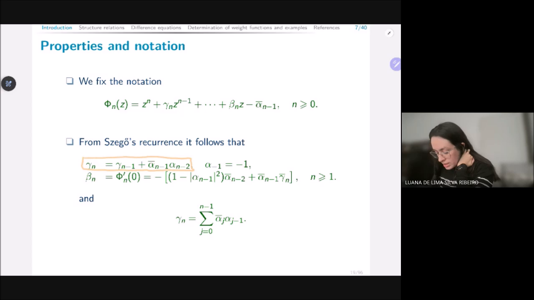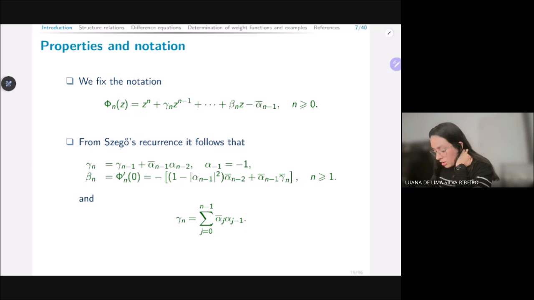This follows by the Szegő recurrences, and when we use this, gamma n in terms of gamma n minus 1 and the Verblunsky coefficient, we actually can write gamma n just in terms of the Verblunsky coefficient. This other coefficient, beta n here, is actually the derivative of phi n when we take z equal to 0.